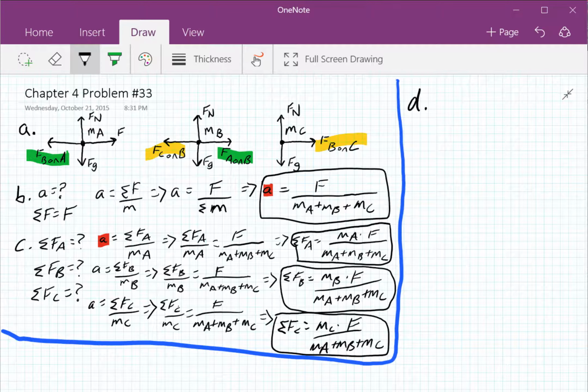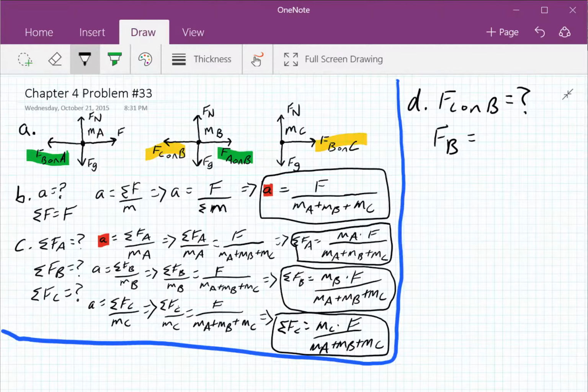I'm going to do C first in this case. Actually, technically, I should write out what we're looking for first. Sorry. So we have Fc on B. We want to know that because it's an internal force from C on B, and it's the only internal force from C on any of the other opposite masses. We also want to know Fb, the internal ones.